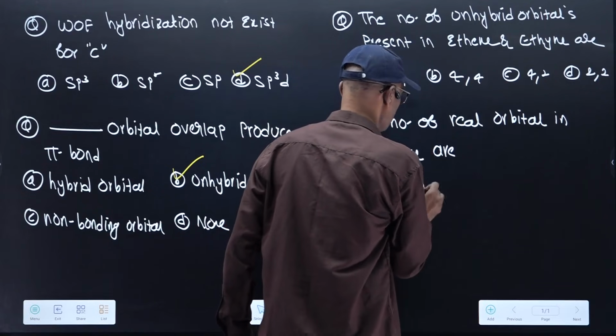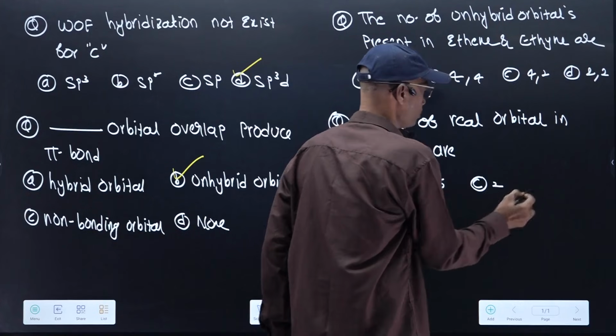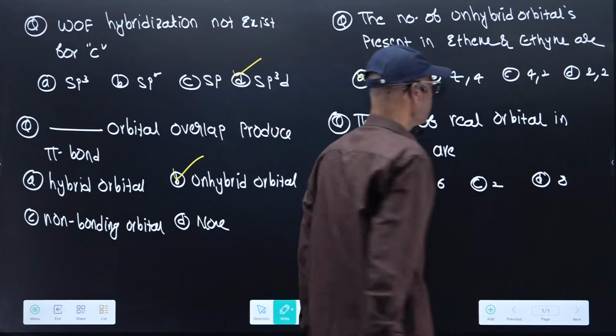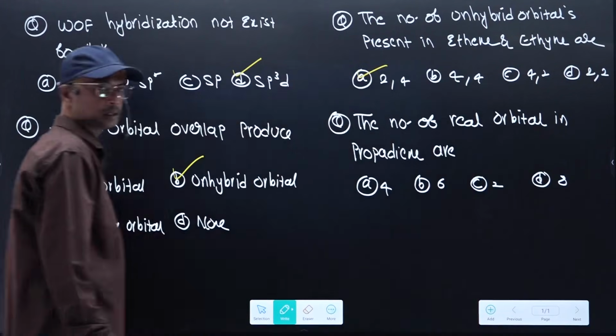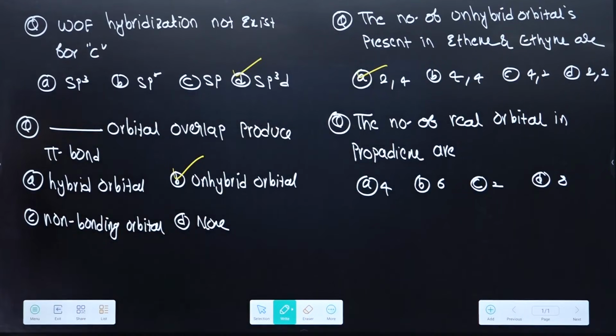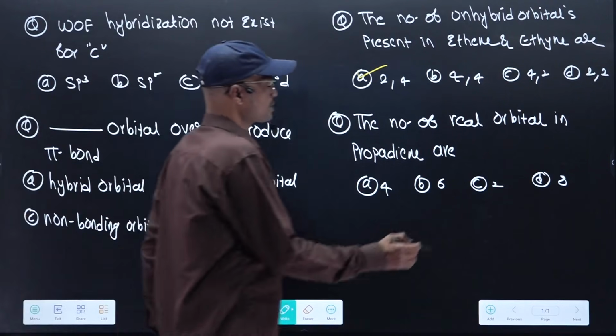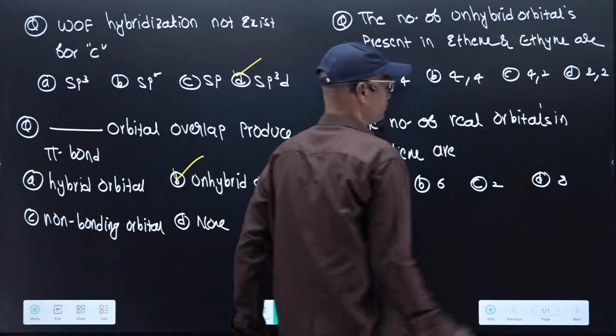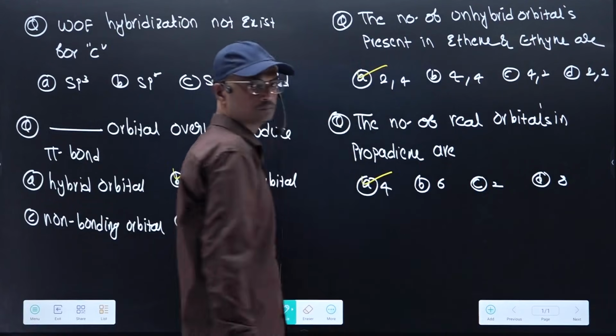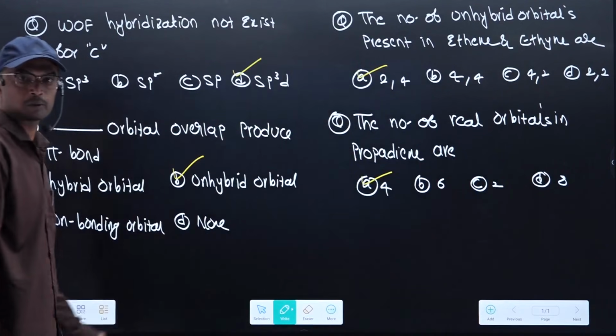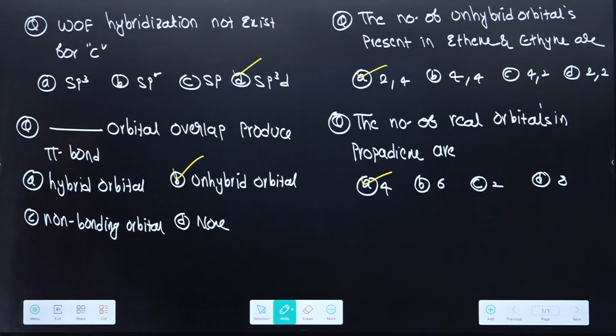That is 4. Just now we discussed propadiene; allene is also called propadiene.